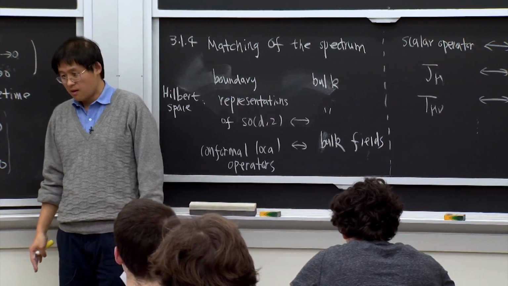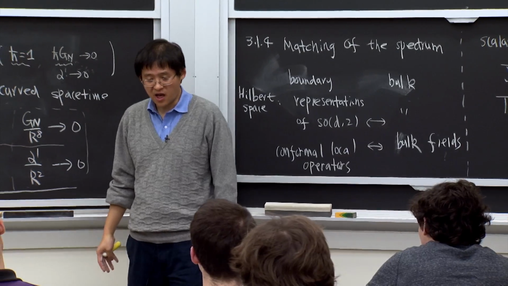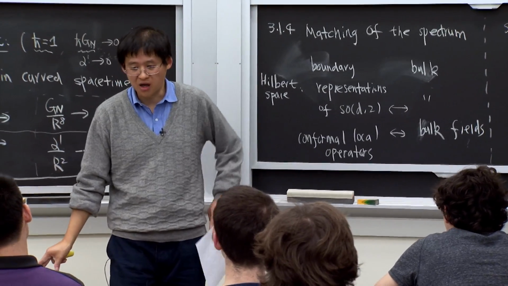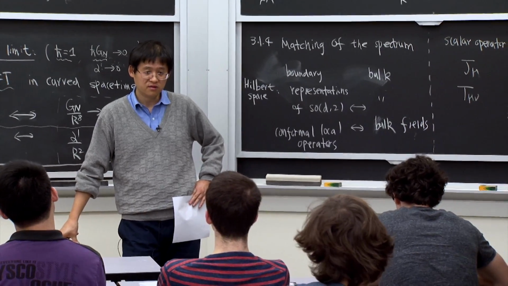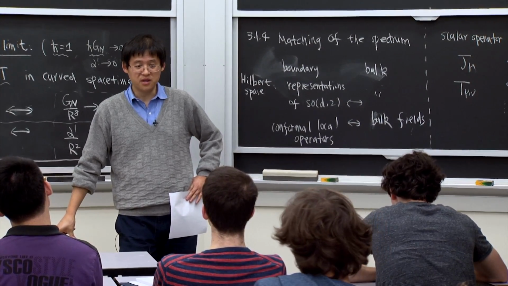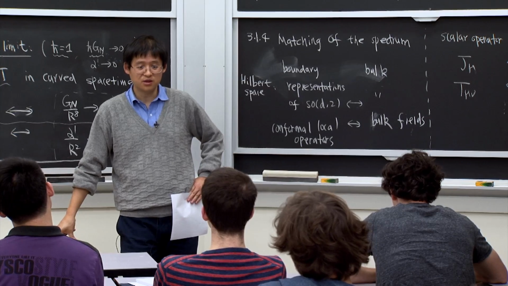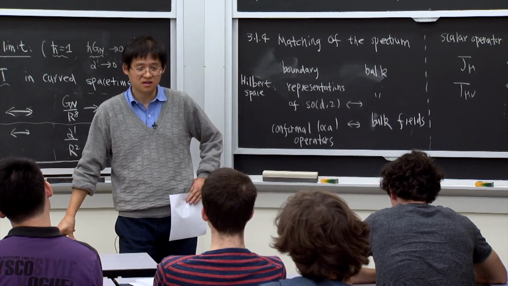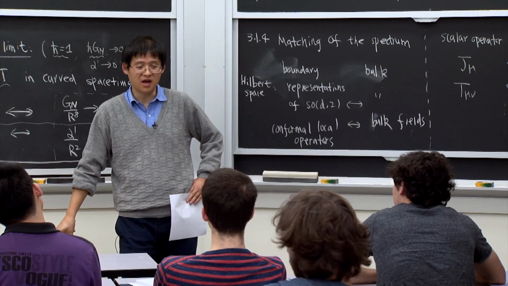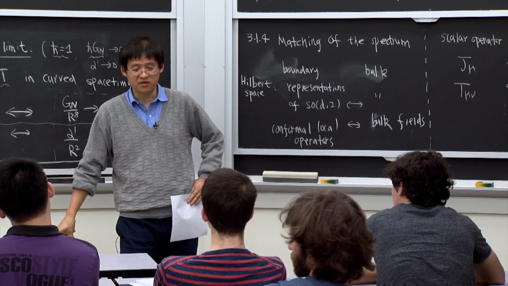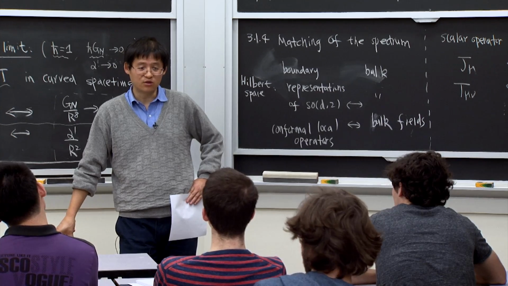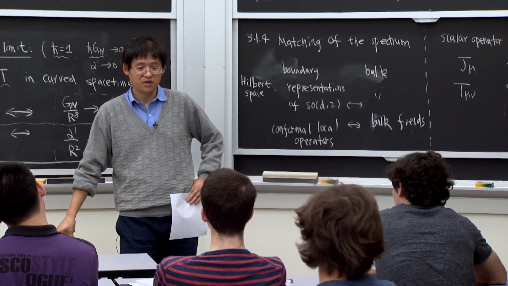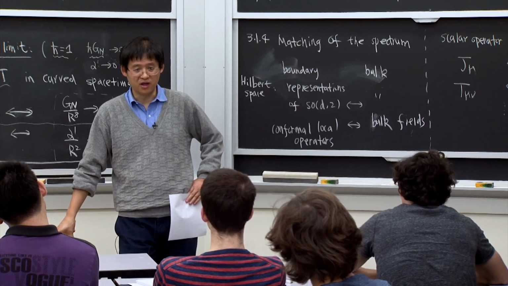Right. Okay. But as I said last time, if you believe this bulk and boundary relation, then this is powerful, because then you can immediately deduce that the Yang-Mills theory on S3 times time is related to the gravity theory in the global AdS, and that's just a non-trivial prediction from thinking of the boundary and the bulk relation.